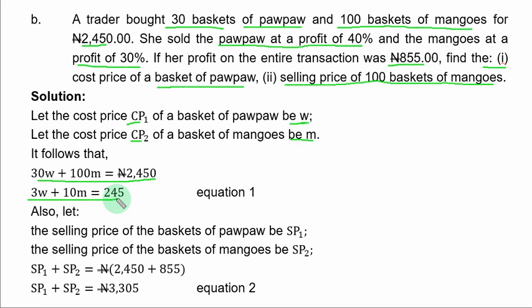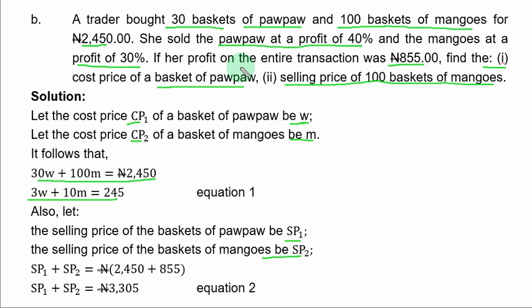Also, let the selling price of the baskets of pawpaw be SP1 and the selling price of the baskets of mangoes be SP2. If you want to get the selling price, you have profit plus cost price.